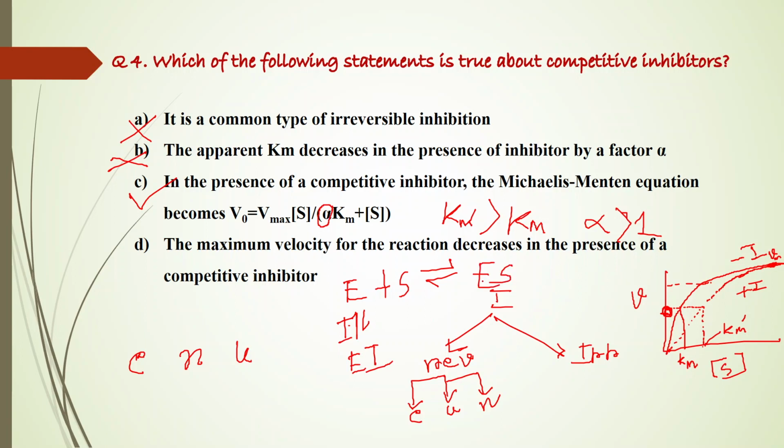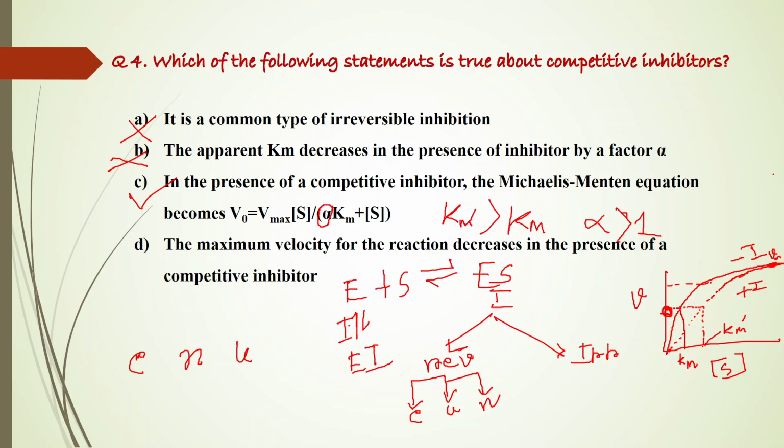So they are both competing for the same place. But whenever we increase the substrate concentration too much, even though the inhibitor is present there, as substrate is now higher in number, the probability of the substrate occupying that catalytic site will be more. So at a very high substrate concentration, we can actually omit the effect of inhibitors and achieve the maximum velocity.